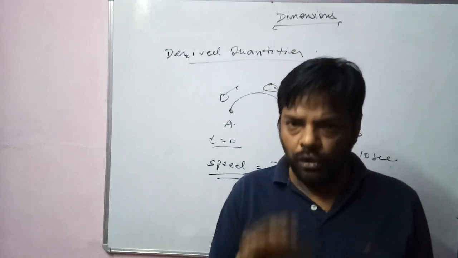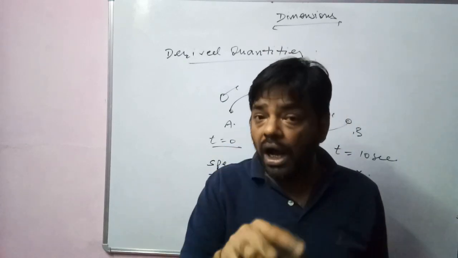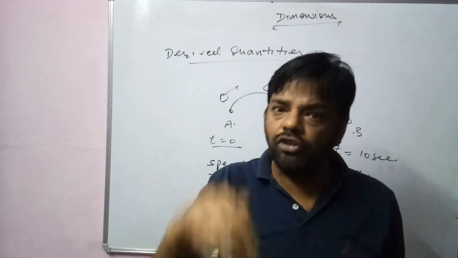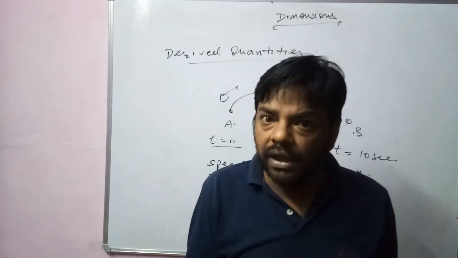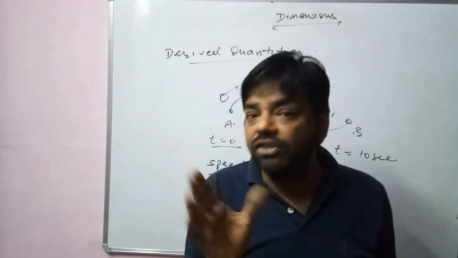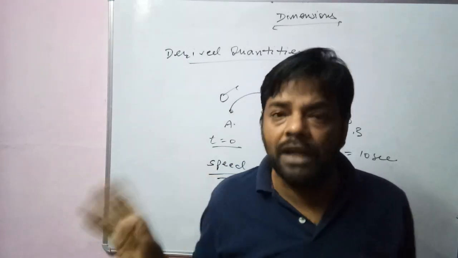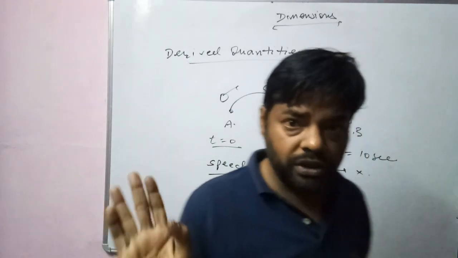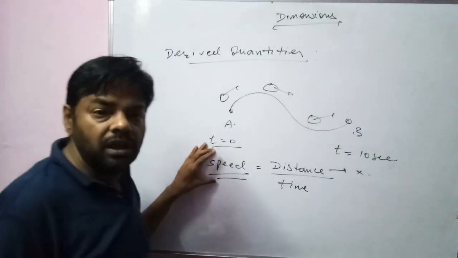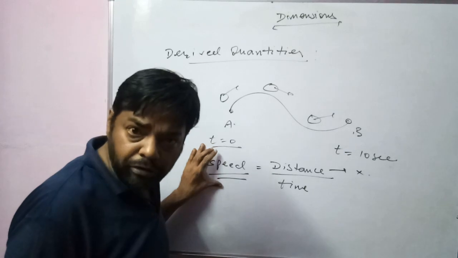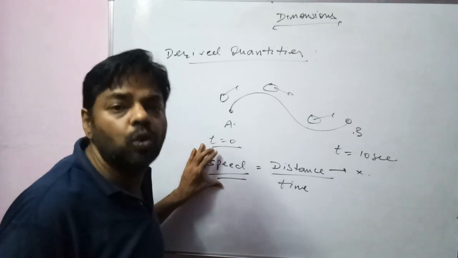That's why we say that this physical quantity, the speed, depends on other physical quantities. So I will say that the speed is not a fundamental quantity. Now let us see how the speed can be derived from the fundamental quantities.